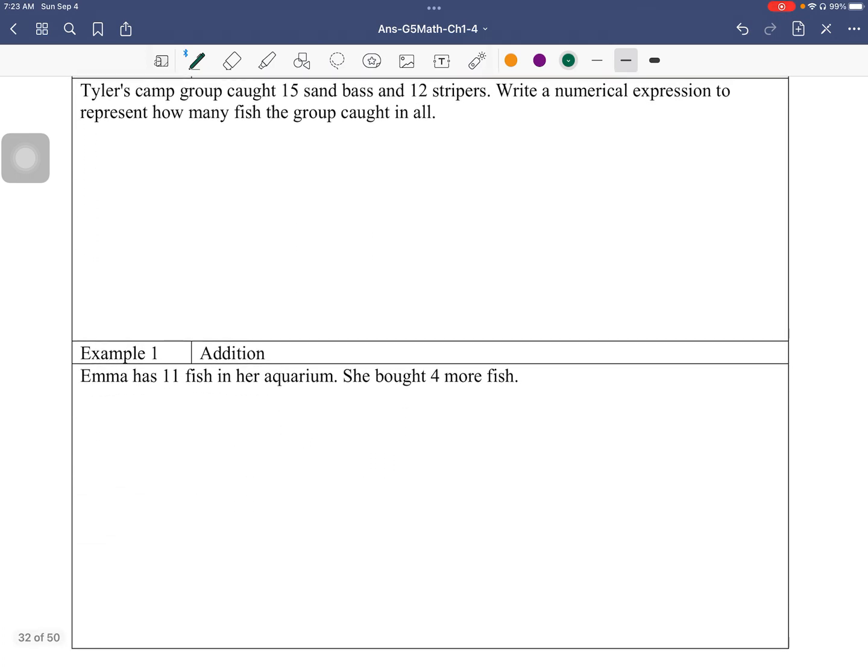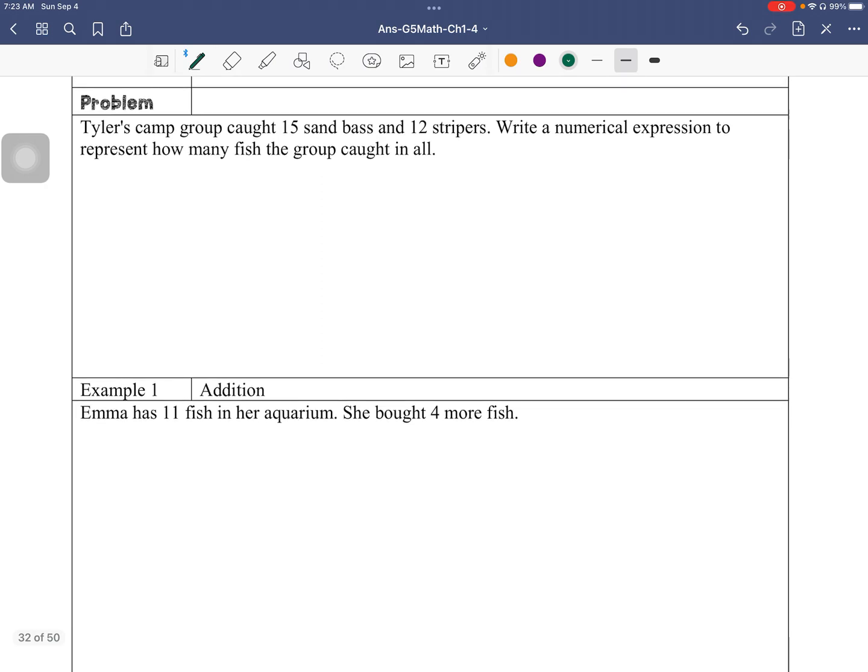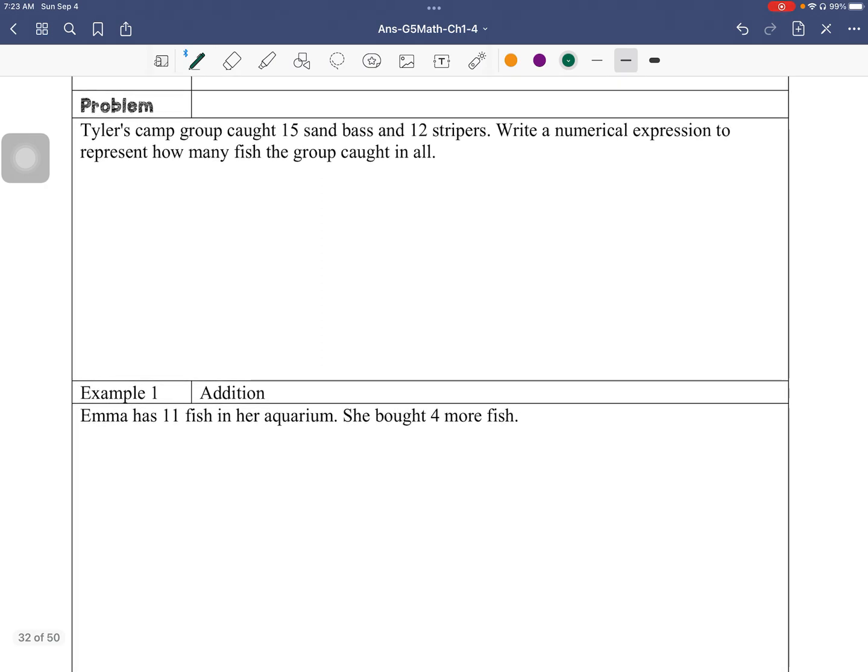So for the problem, Taylor's camp group caught 15 sand bass and 12 stripers. Now write a numerical expression to represent how many fish the group caught in all. So now I have 15 sand bass and 12 stripers.